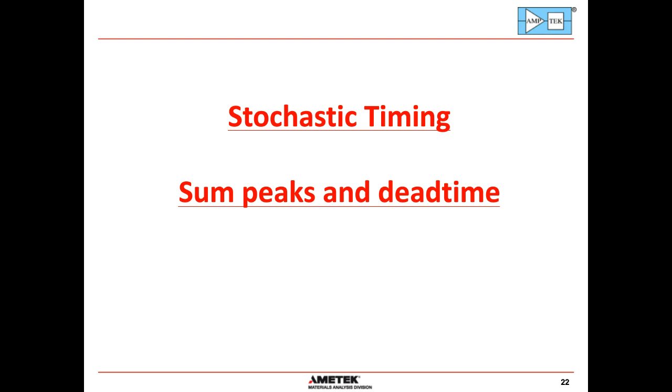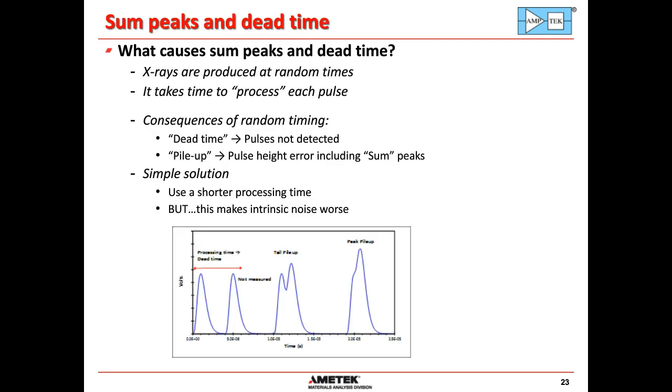Pileup and dead time occur because these X-rays are produced at random times and because it takes time to process each pulse. That time is related to the peaking time, and that's related to the noise filtering. So random timing has two consequences. First, there's dead time. If two pulses occur separated by too short a period, you simply don't detect the second one.